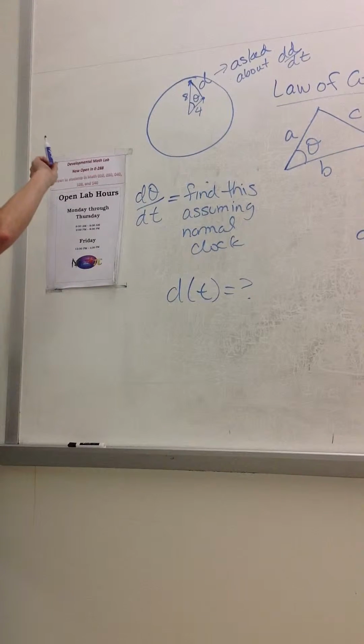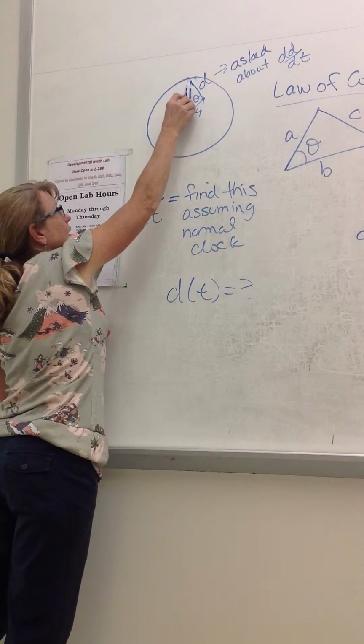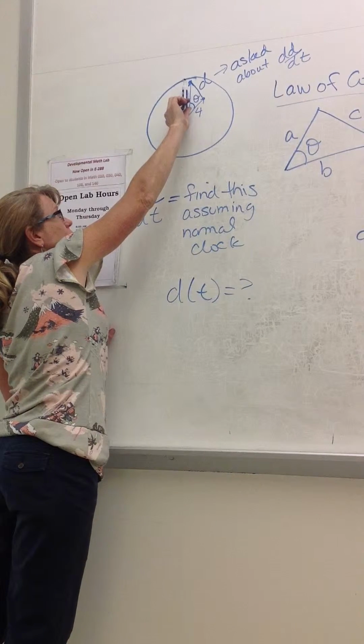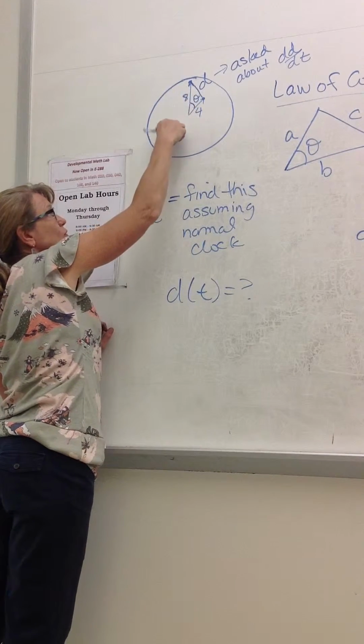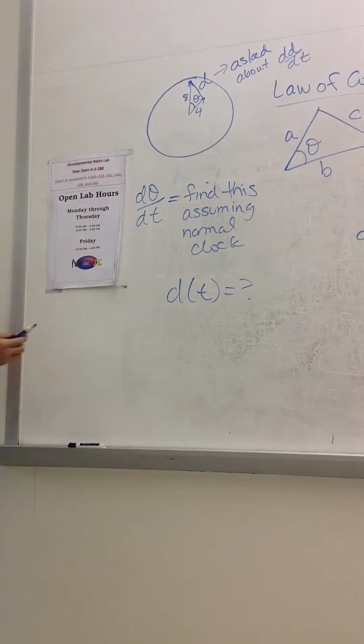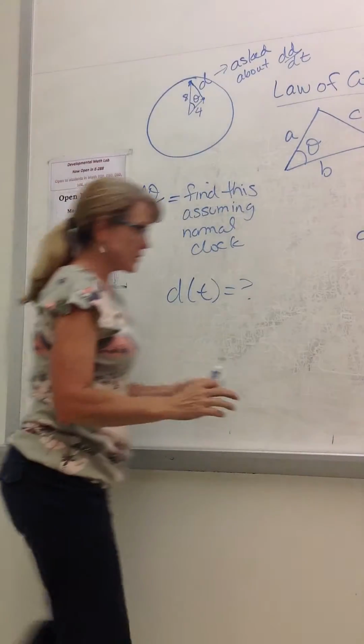The minute hand is going around the clock, and how long does it take for the minute hand to make one full rotation? An hour. Okay, so I guess we have to decide, do we want to work in hours or minutes? 60 minutes. Why don't we work in minutes.